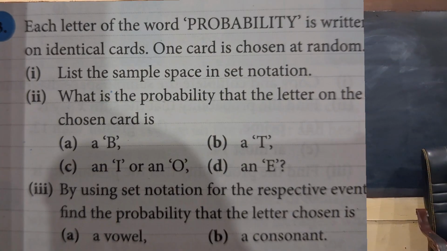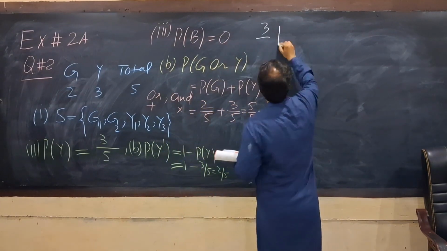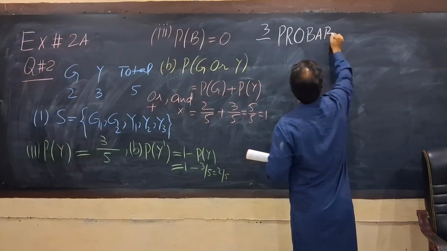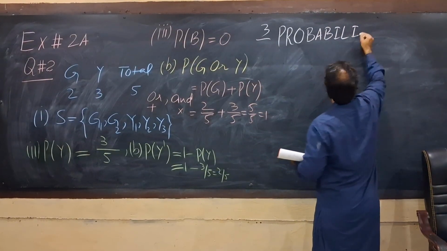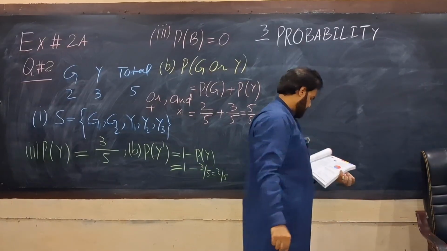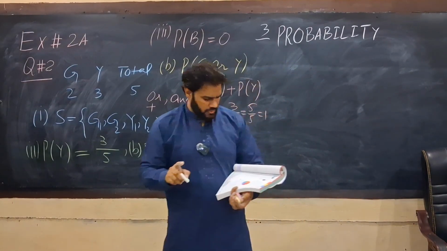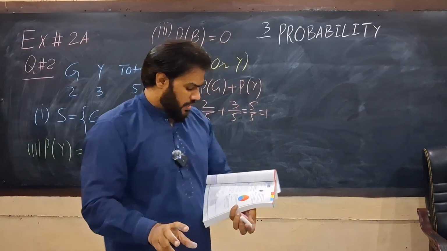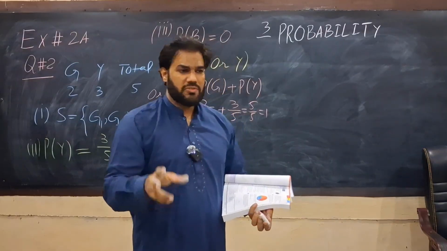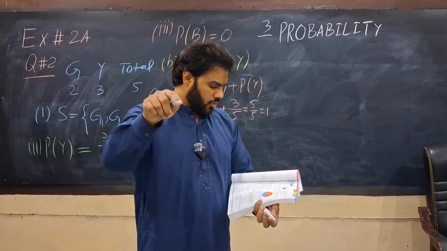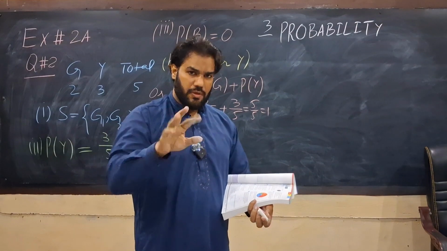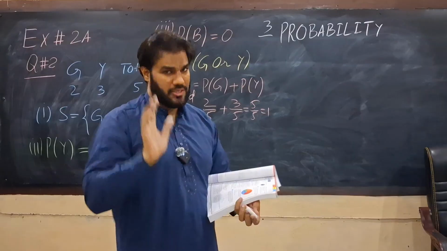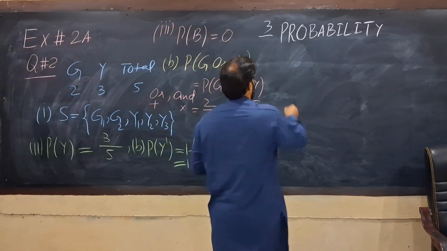Each letter of the word PROBABILITY is written on an identical card. Identical cards mean they have the same dimensions. So on each card, we are writing one letter. One card is chosen at random. List the sample space in set notation.